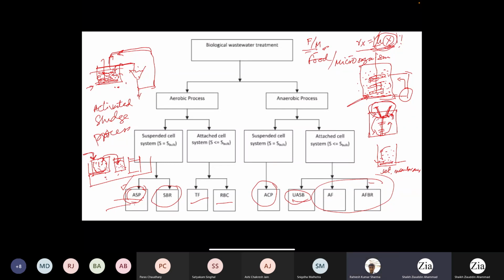When you try to inoculate a reactor, even in other bioprocesses, forget about wastewater treatment, where you use CSTR type reactors, for aerobic systems the initial X0 or inoculum concentration could be in the range of 10 to 20% of total reaction volume.